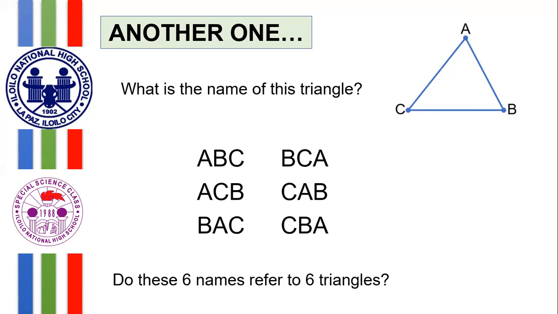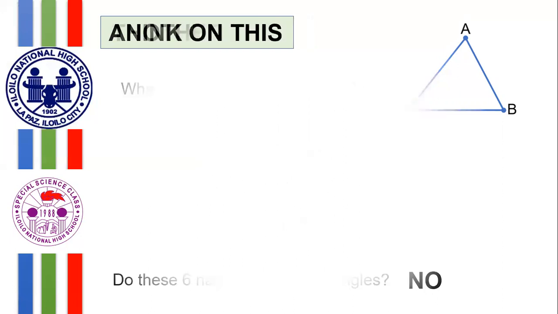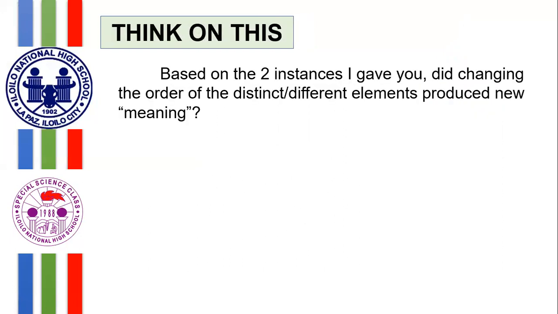Do these 6 names refer to 6 different triangles? And the answer is no. In fact, all of these 6 names refer only to a single triangle. And based on the 2 instances I gave you, did changing the order of the distinct elements produce new meaning?